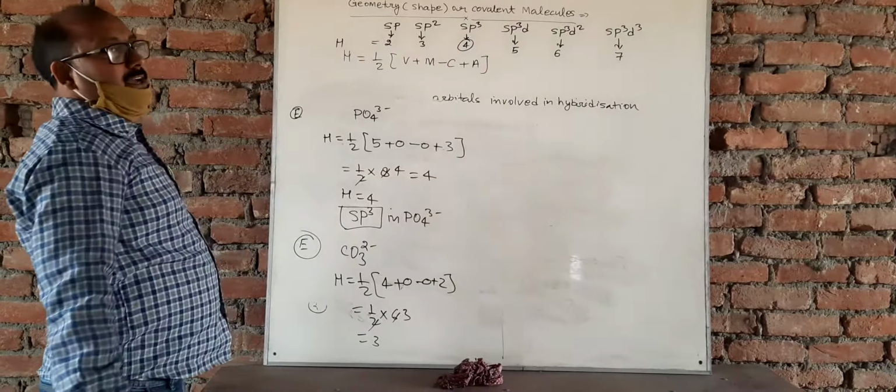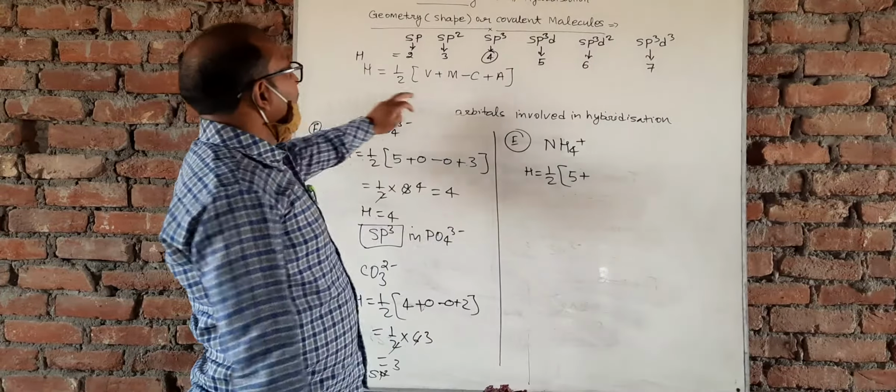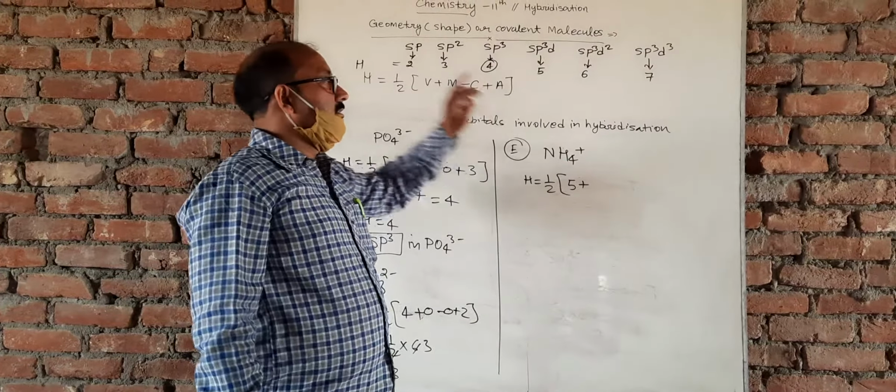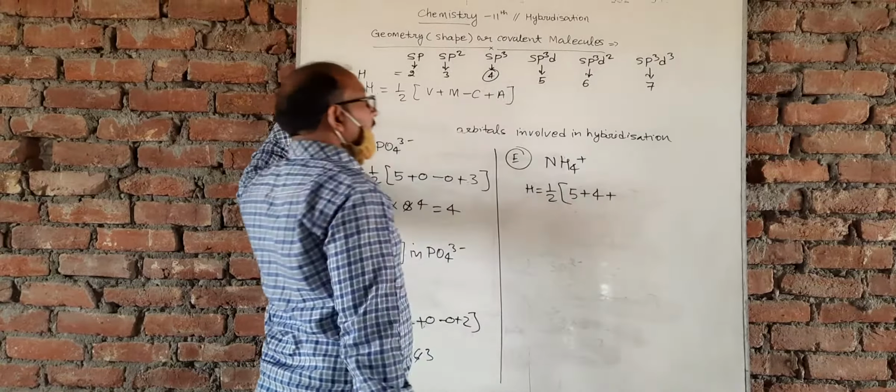Let us take another example, in the case of cations, like the ammonium ion NH4 plus. Nitrogen is the central atom and has 5 valence electrons. So H equals 1 by 2, with the valence electrons 5, plus the value of M, here 4, and the number of cations equal to 1.